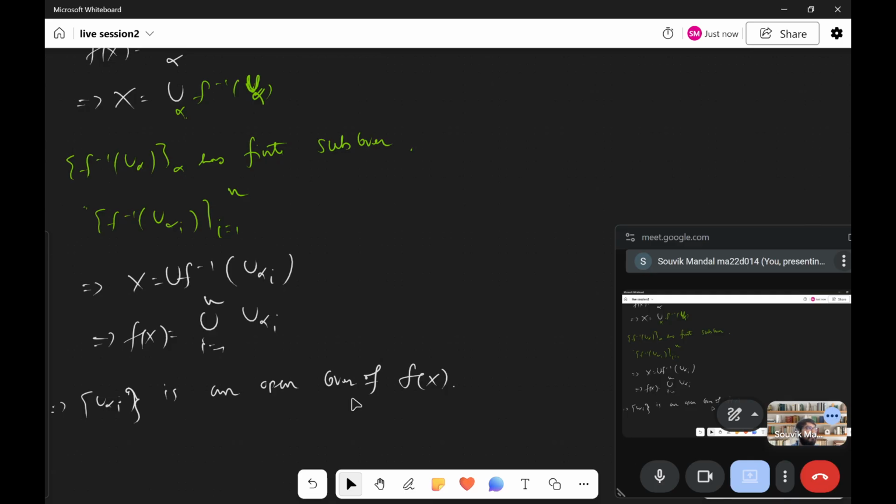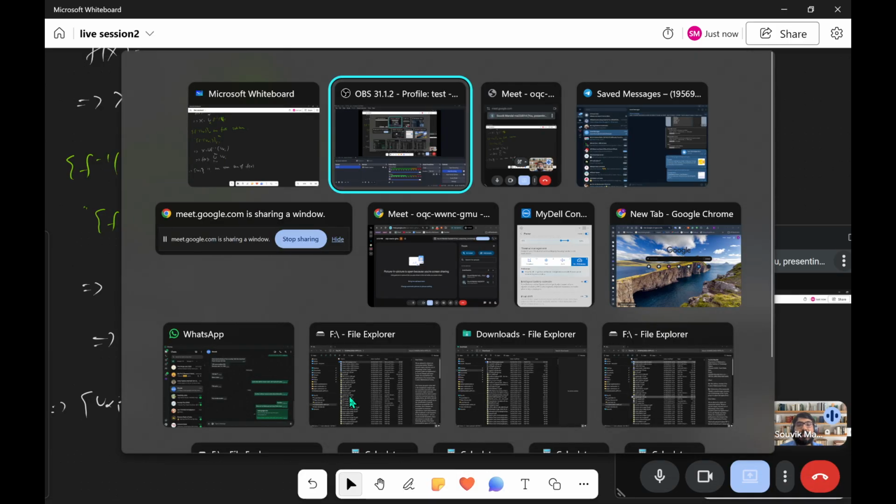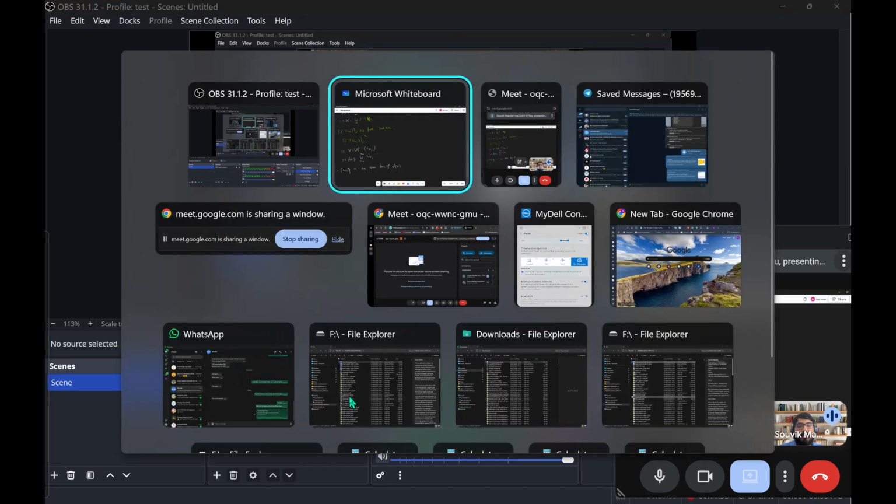So this is the argument. Is the argument clear? Please let me know. Basically here we are not doing anything complicated.